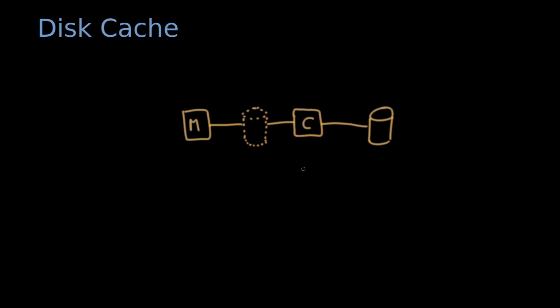For this example, let's say that our disk over here has 100 entries, and that we want our cache to store 10 of them in RAM at any time.